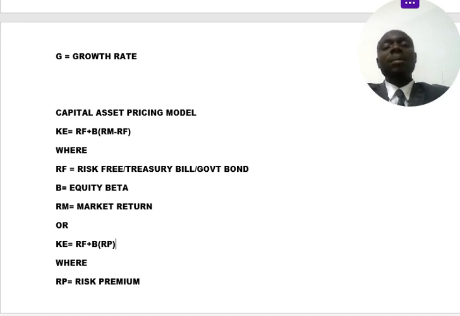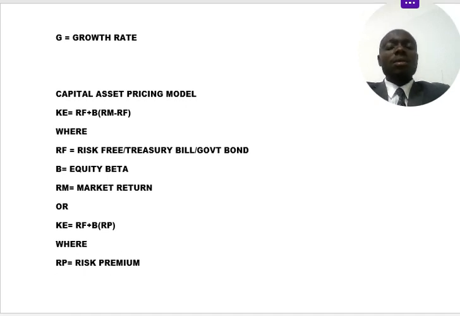So in every question, you may be given either risk-free, risk premium, or the market return and the risk-free. Whichever one you are given in the question, you should be able to know whether you are going by the first formula or the second formula.